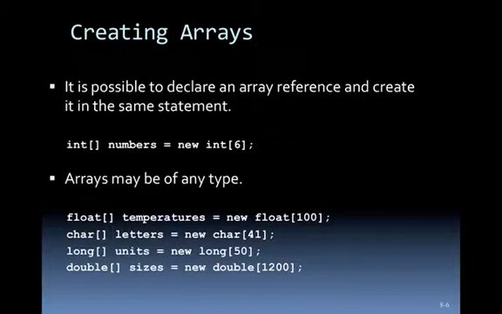It's a collection of characters called letters, and there's going to be 41 characters in that list. Longs, right? These are integer numbers that are above 2 billion. Units, we've got a collection called units that's going to store multiple longs, and it's going to store 50 of those. I just want you to realize that arrays aren't limited to integers, they can be anything.